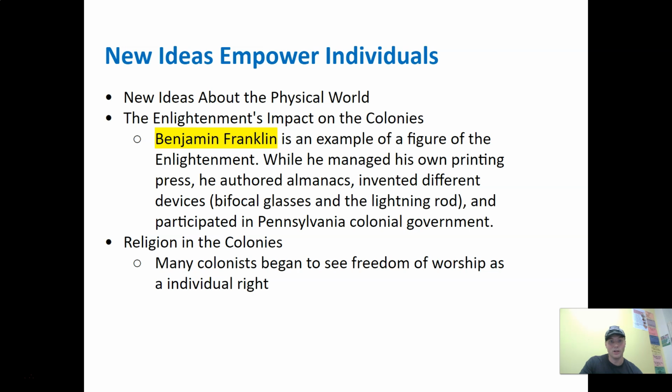Not only is he going to write a lot of publications like his almanac and get different patents for different inventions like the bifocal glasses and the lightning rod, he's also going to be a big advocate for the Pennsylvania colonial government. And even in the middle colonies, there's going to be an outcry from people who want to seek freedom of worship as an individual right.